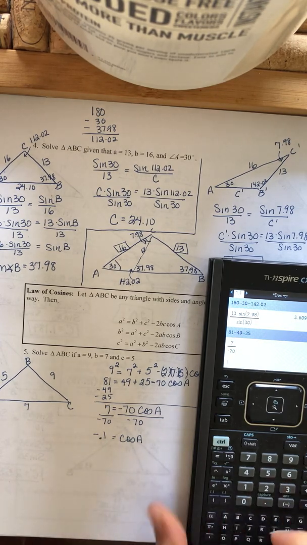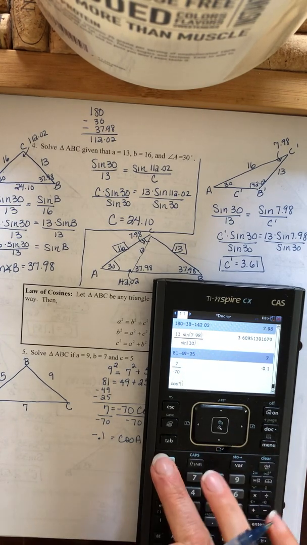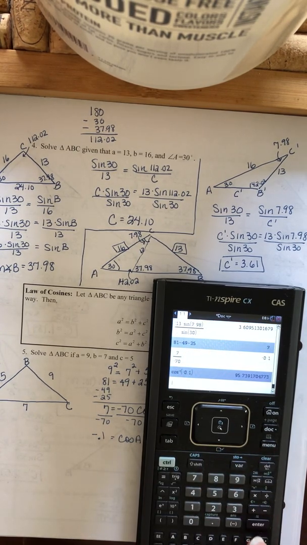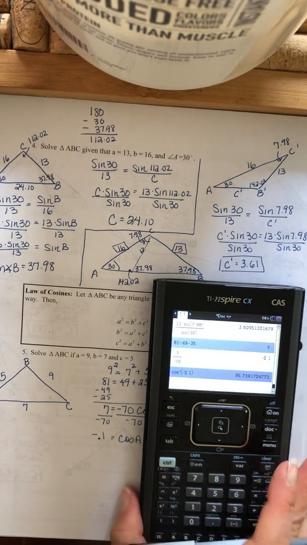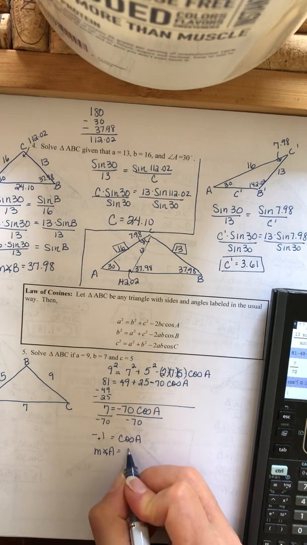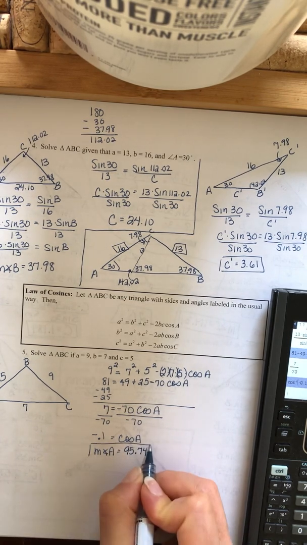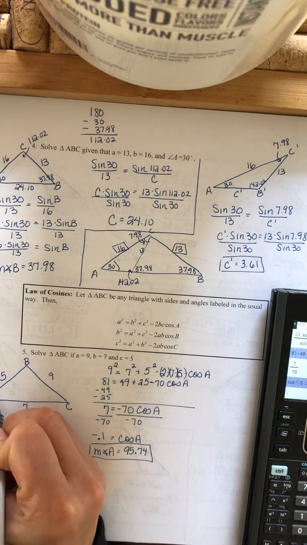And now when I do my inverse cosine, because I'm trying to find the angle, so inverse cosine of that negative 0.1, I get 95.74. So I can tell you the measure of angle A is going to be 95.74.